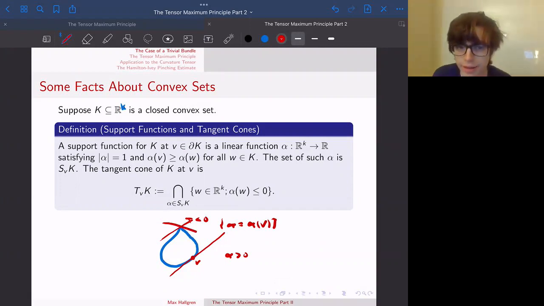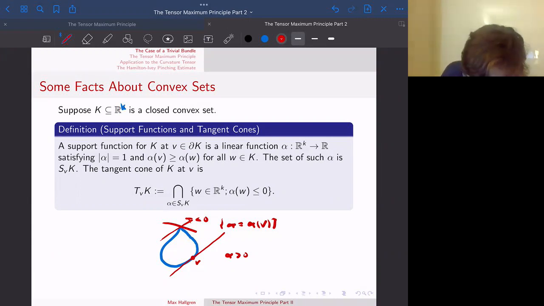Okay, and it's elementary to show, well, it takes a little bit of work to show, that any convex set is the intersection of all of these half spaces alpha less than 0 as we vary over all support functions for our set.